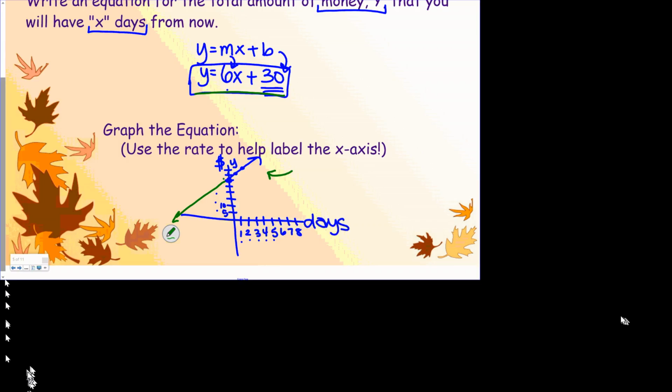However, this portion of the line in the word problem doesn't actually make sense. If we think about this going into days on the x-axis, going into -1, -2, -3, that portion of our graph doesn't make sense because time always passes.